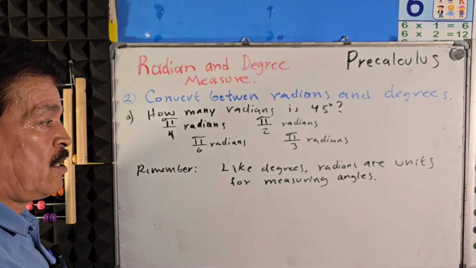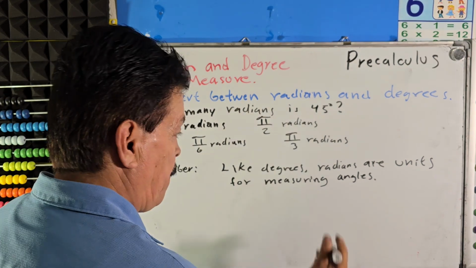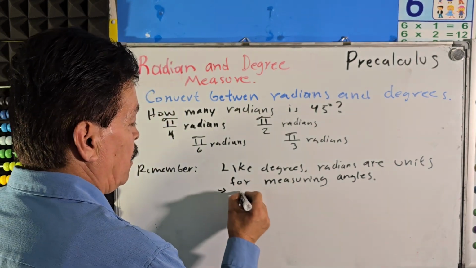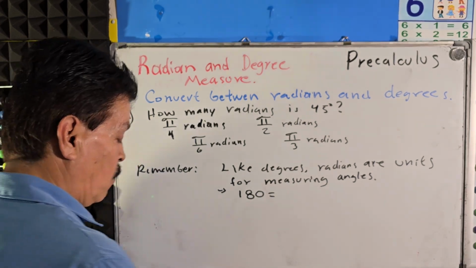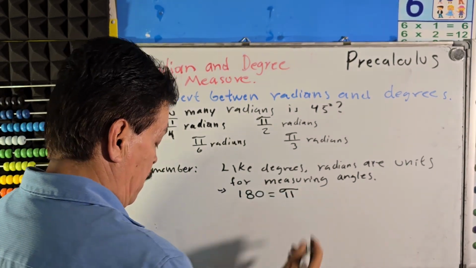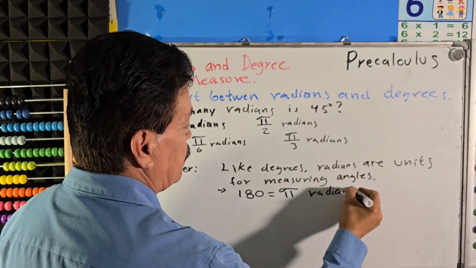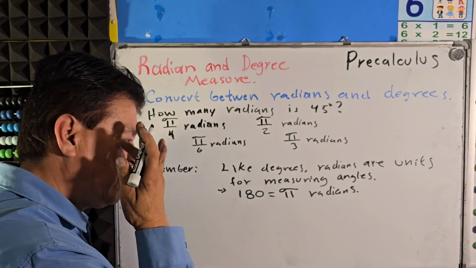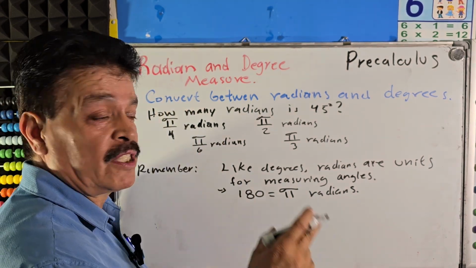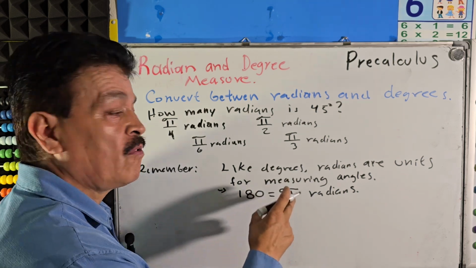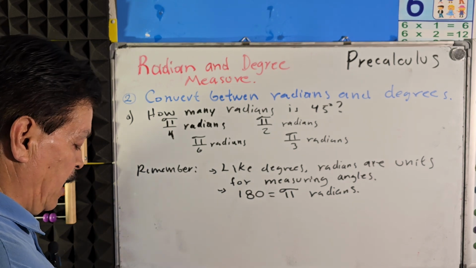All right. 180 degrees, this is very important, equals pi radians. This symbol pi radians equals 3.1416. So this is another idea.